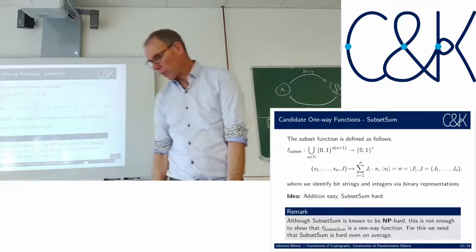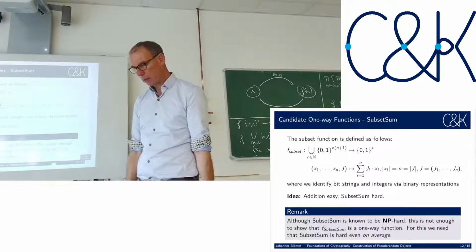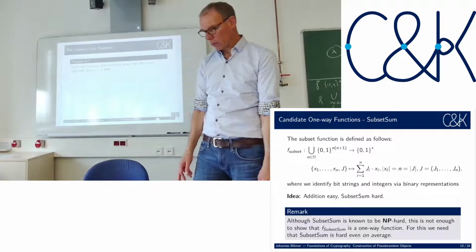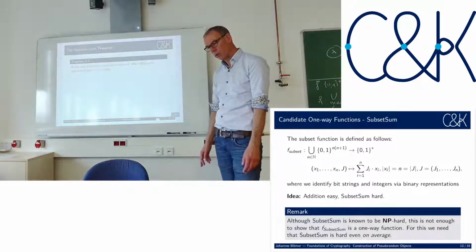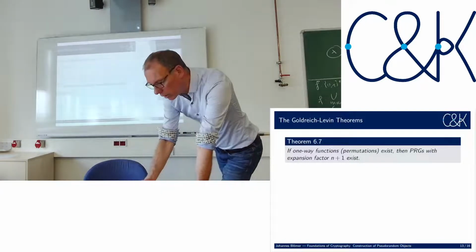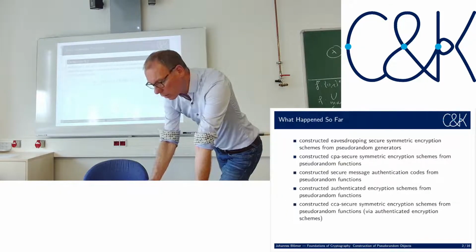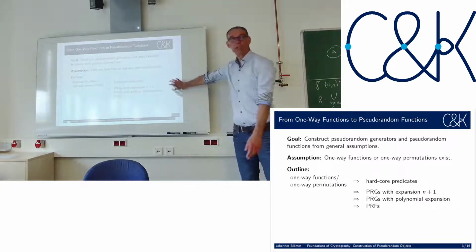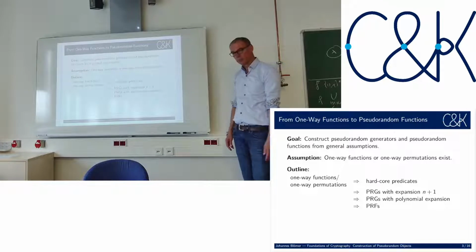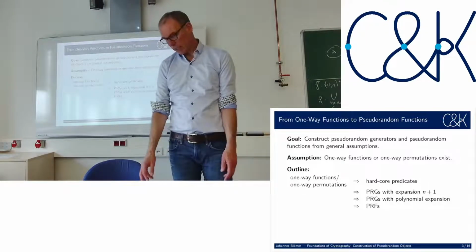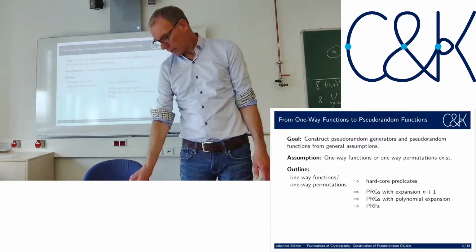Okay. So these are some of the candidates. Let me briefly tell you these steps that I mentioned in the beginning. And this is what we have also in the lecture notes, the long lecture notes. So if one-way functions exist, then hardcore predicates exist.